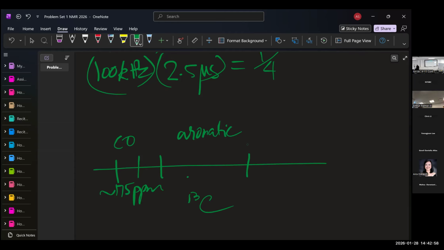You go from 160 to 110. And then an aliphatic range, 75 up to 50, where I'm going to put all of the aliphatics. This is of course not drawn to scale, very poor diagram.